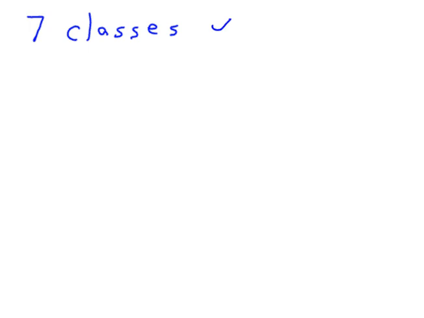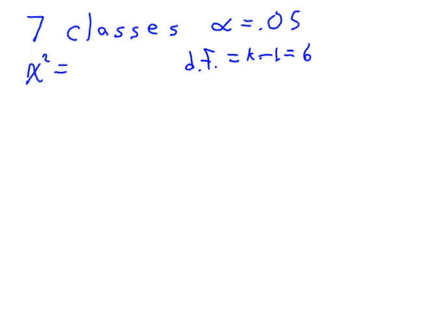And we have alpha equal to 0.05. Then for our chi-square score, our degrees of freedom, k-1, is 6.